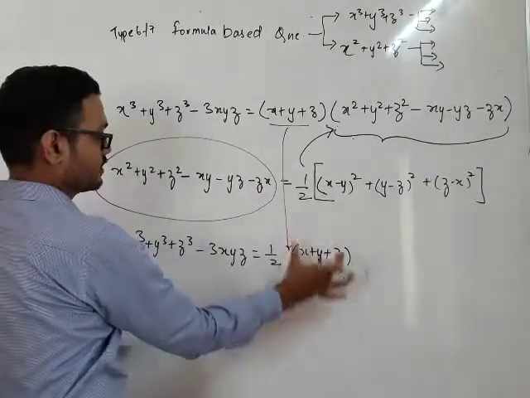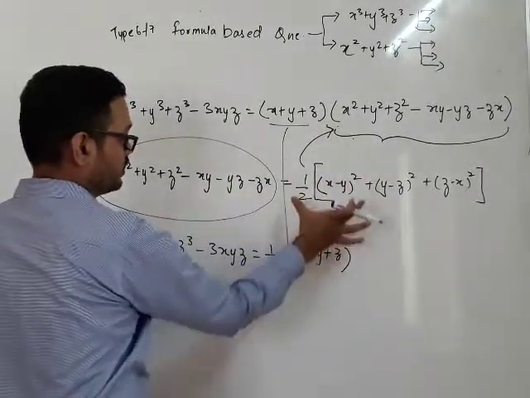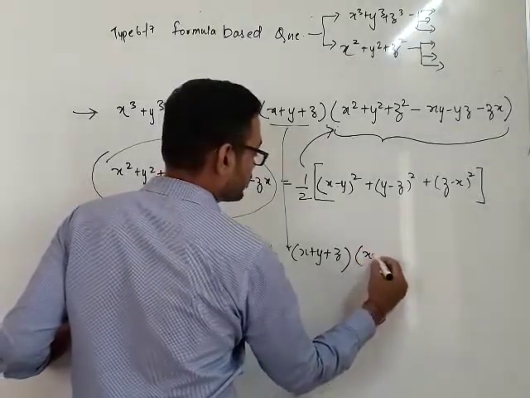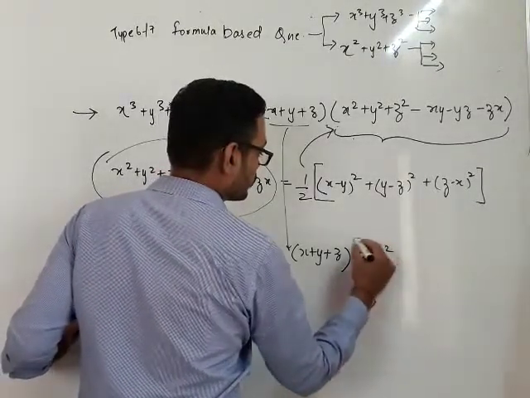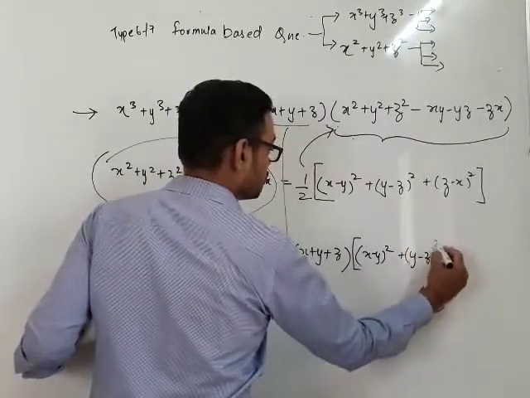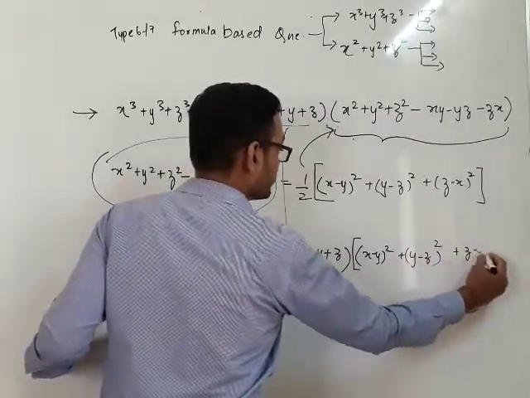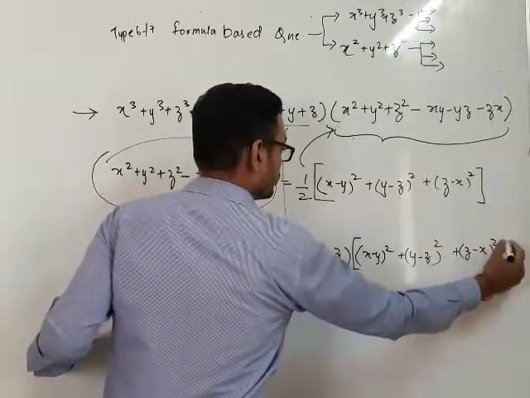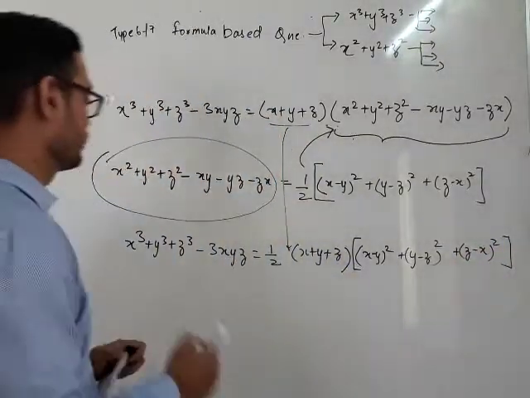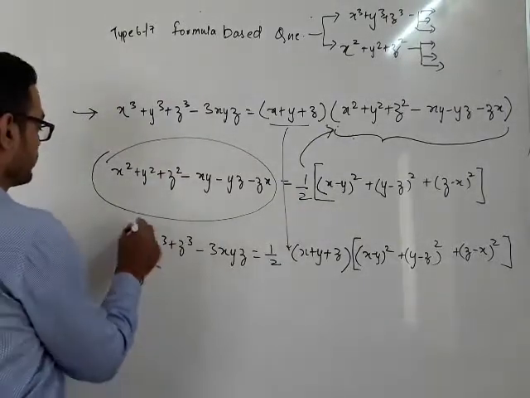This half is now going to be written here, and I'm writing x minus y the whole square plus y minus z the whole square plus z minus x the whole square. So now this becomes our main formula that we have to remember.